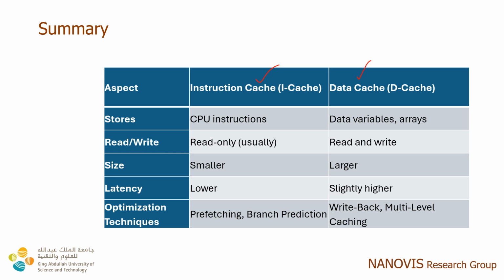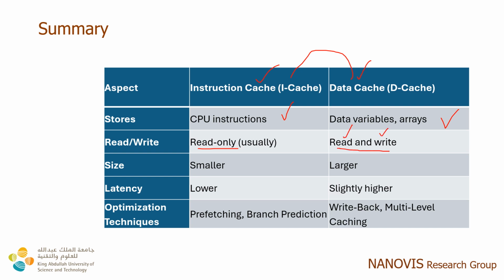So these are much more efficient as compared to the unified cache of the von Neumann architecture. And what are the key differences between these two types of caches? One stores instructions, the other stores data. The instruction cache is read only. We cannot write in the instruction cache, while the data cache supports reading and writing.